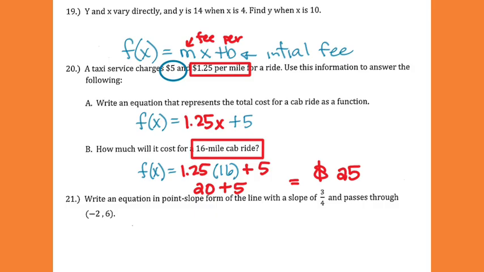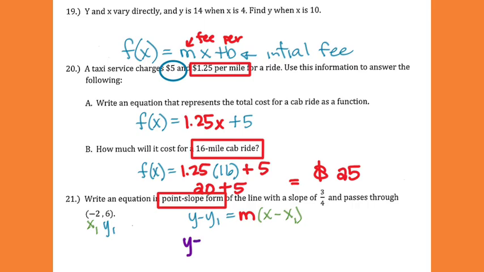All right, on number 21, it says, write the equation in point-slope form given the slope of 3/4 and passes through the point of negative 2, 6. My point slope form is y minus y1 equals my slope times x minus x1. On here, I know that I have an x1 and a y1.